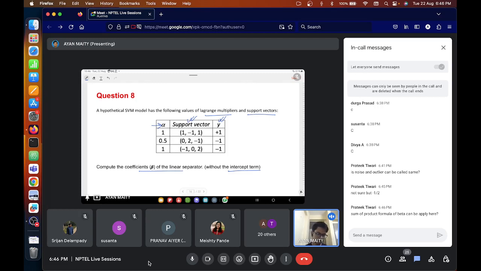Pratik says the sum of product formula of beta can be applied here. I can't understand what you mean by sum of product formula of beta. I'm not able to understand what formula you're talking about.